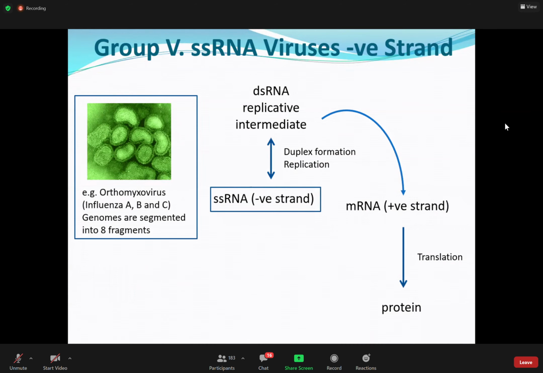As these replicate, you can have mixing of, say, the first 4 segments from strain A mixing with the last 4 segments of strain B. So you get these hybrids of A and B strains coming out.